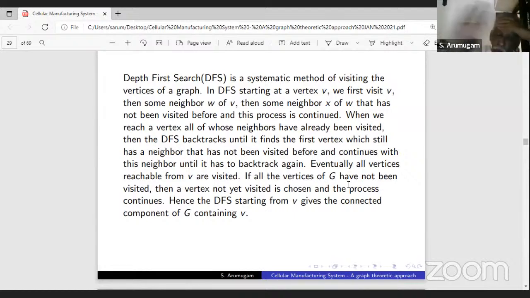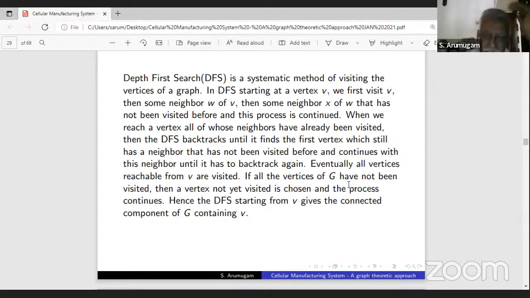Suppose you have finished one searching and still some vertices are remaining unvisited. That means what you got is one component. You go to a new vertex, start visiting, and that will give you a second component. So if the graph is disconnected, then the DFS algorithm will tell you the number of components.